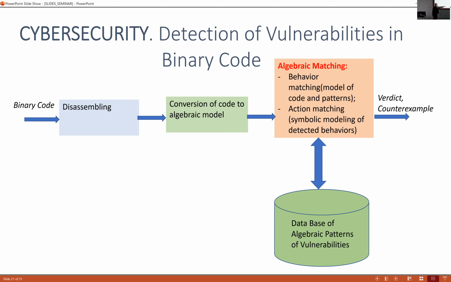We have a database of algebraic patterns of vulnerabilities, and we provide an algebraic matching algorithm and find an example of the trace if you detect it. And the main thing is we can define the exploit data that can be input to trigger that vulnerability.